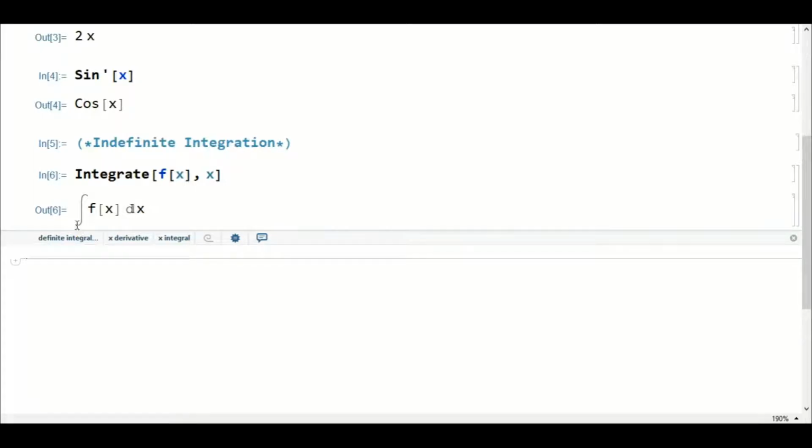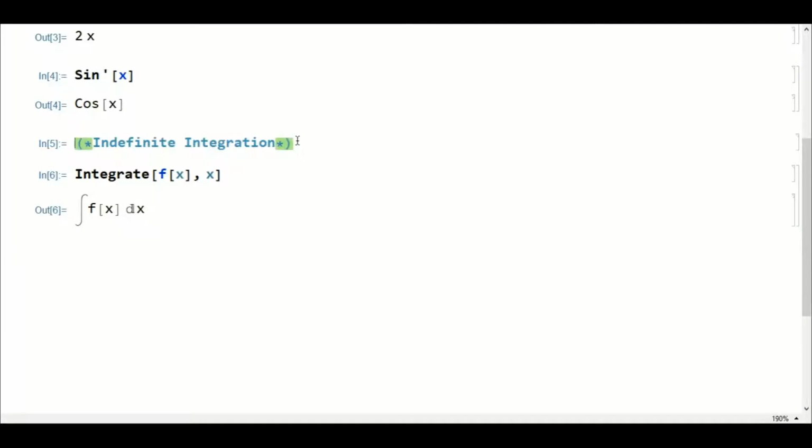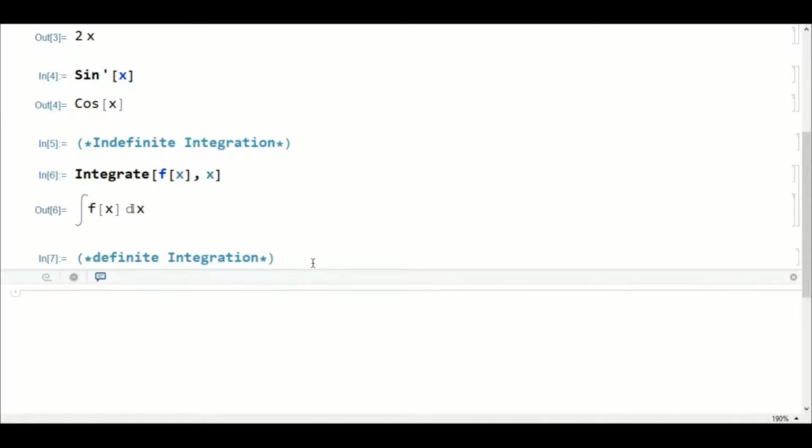You can see that there are no limits of integration. That's why it is indefinite integration. But suppose you want to do definite integration, then what will you do? In definite integration the limits are specified.